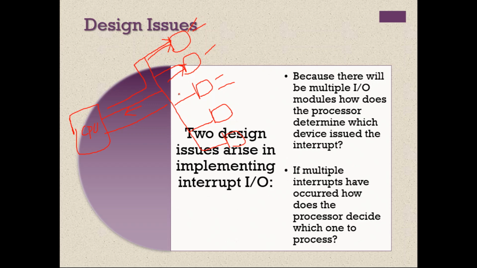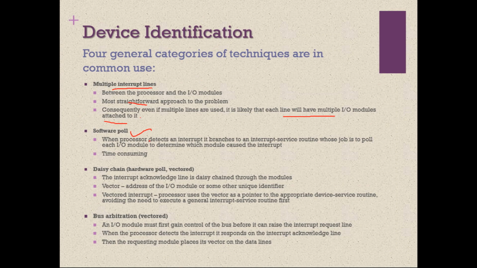No. This one? No. This one? No. This one? Yes. That IO module will identify and inform the CPU through the status register. Through the status register, the CPU can understand which IO device of this module has created the interrupt. So this technique is called a software poll.